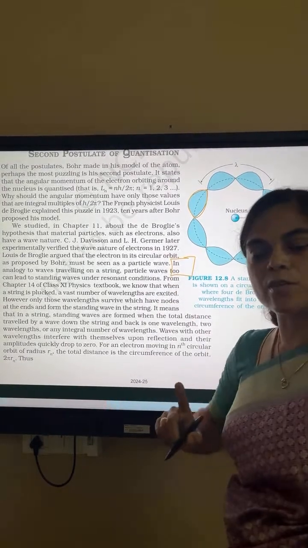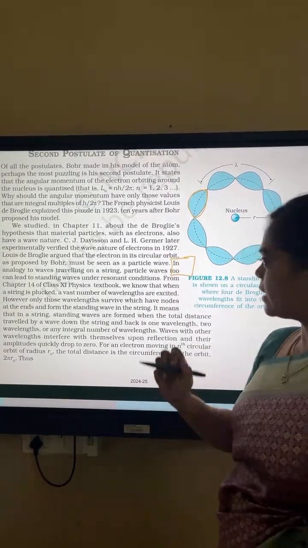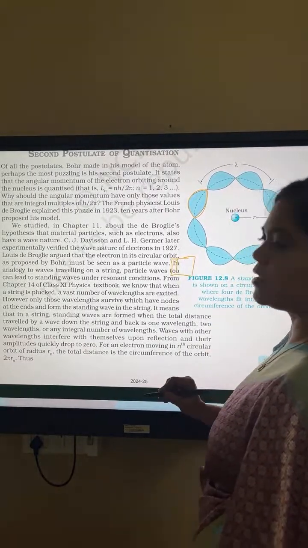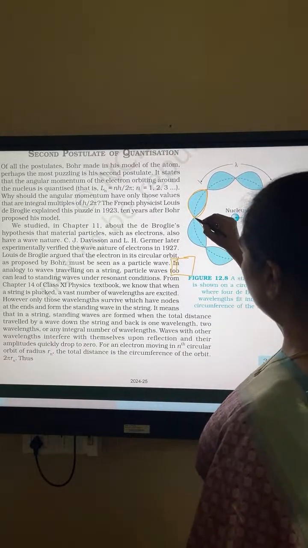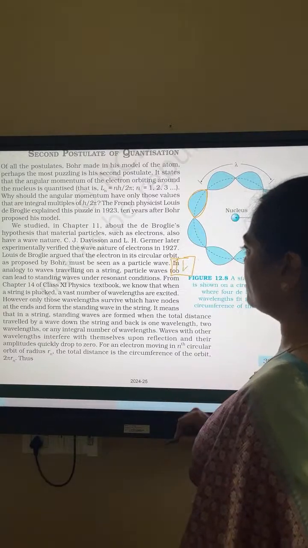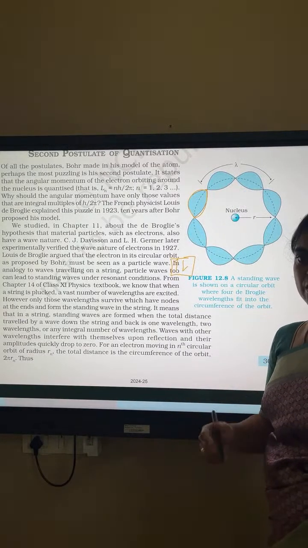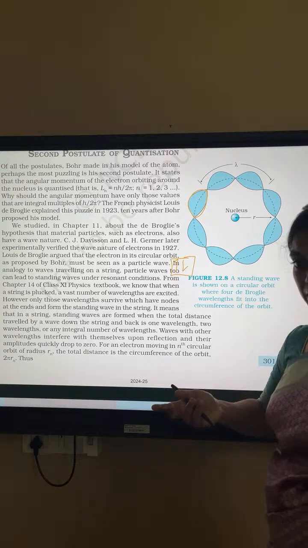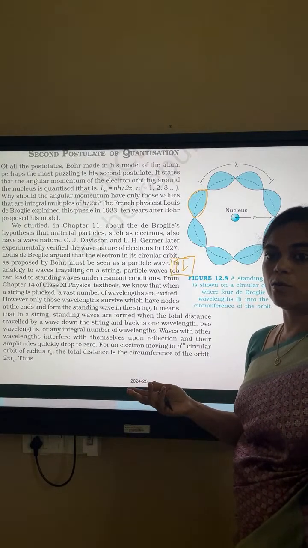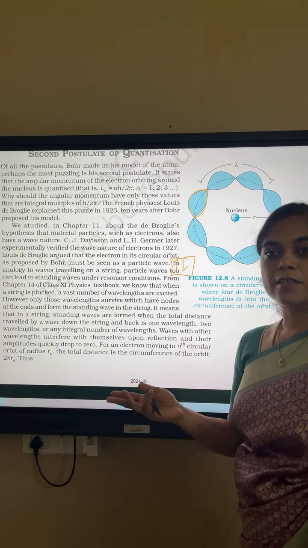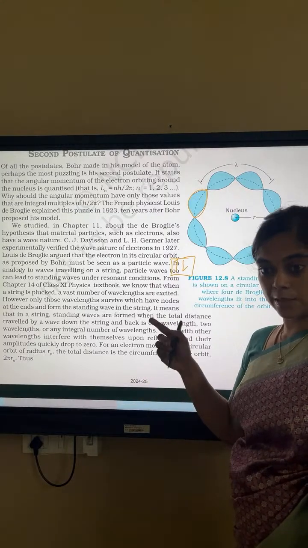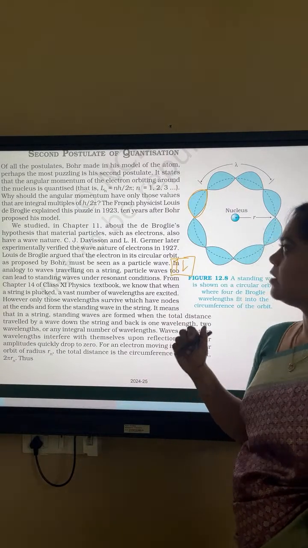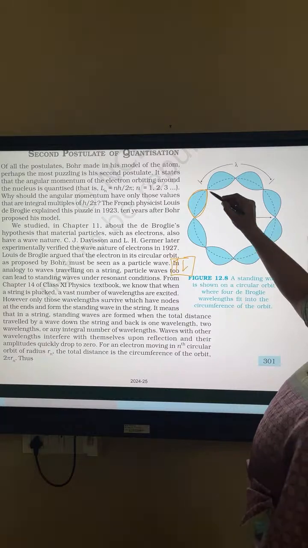The maximum number of electrons in each and every orbital is 2. So one electron spins in the positive direction, another electron spins in the negative direction. That's what Pauli's exclusion principle says: no 2 electrons can have the same identical quantum numbers except the spin. Understood?